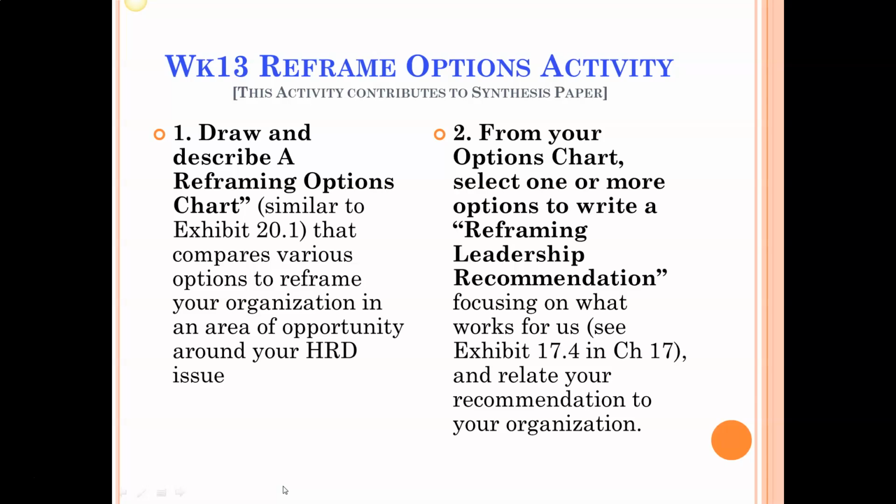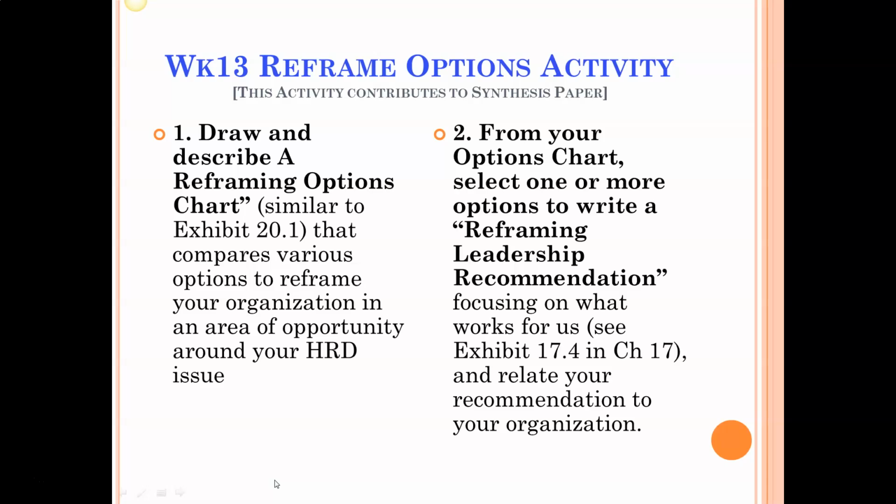We're going to use the exhibit from chapter 20, that school system exhibit, and create a table that will include reframe options looking at all 4 of the frames. It will be much like our exhibit 20.1, reframing Robert F.